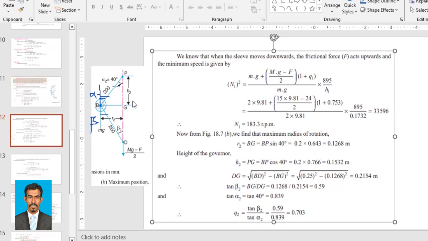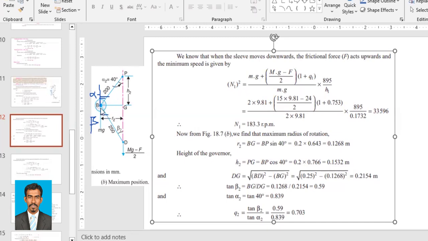Then the height of the governor, that is H2. H2 is BP cos alpha. BP we know 0.2 into cos 40, 0.766. When you solve it, you will have 0.1532 meter.